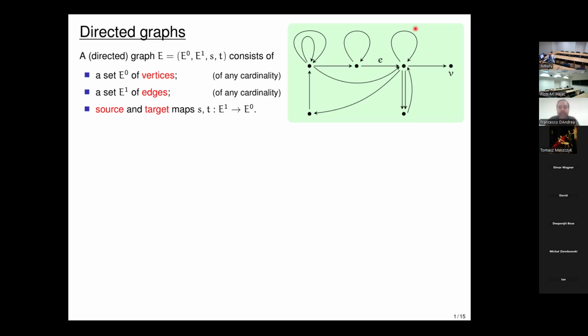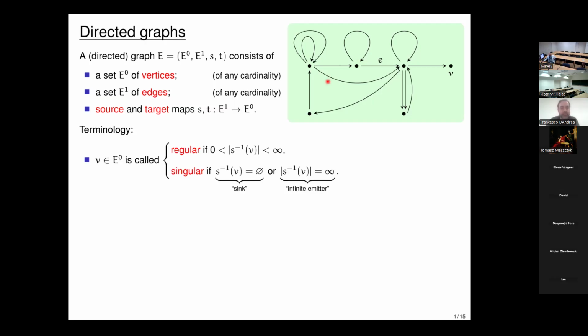As I said, E0 and E1 are sets of any cardinality, but in my examples, and not only in my examples, even in the theorem, E0 will be finite and E1 will be at most countably infinite.